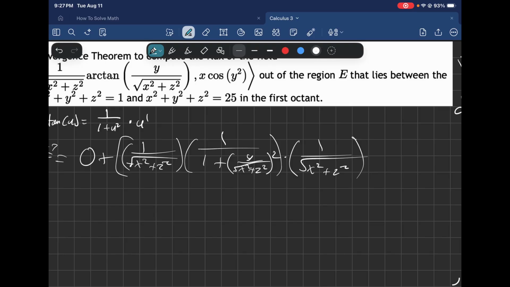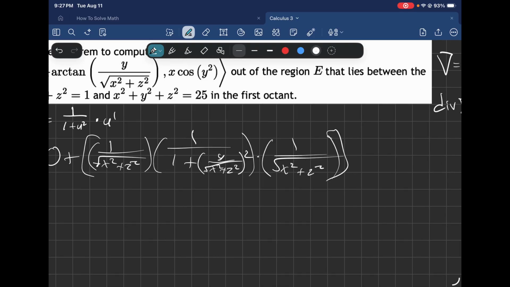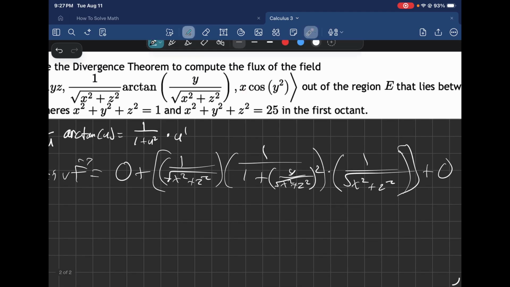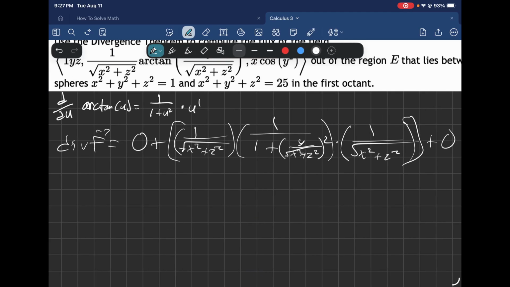All we need to do is simplify that, but let's not forget that we got that 0 from the partial derivative of z over here. So let's simplify this a bit more. We recognize that this is just 1 over the square root of x squared plus c squared, squared.